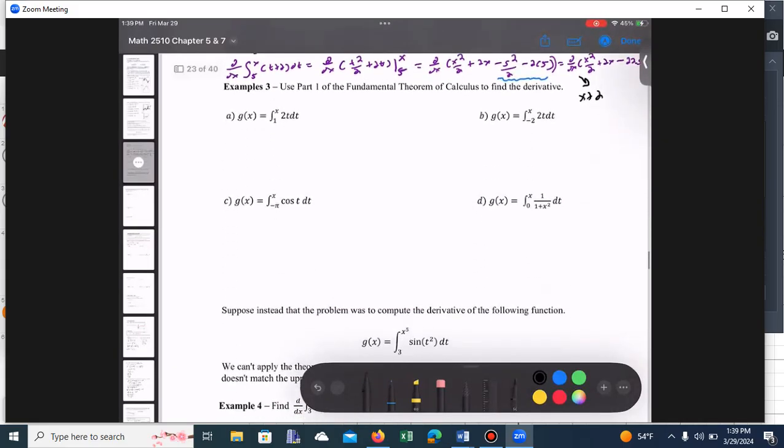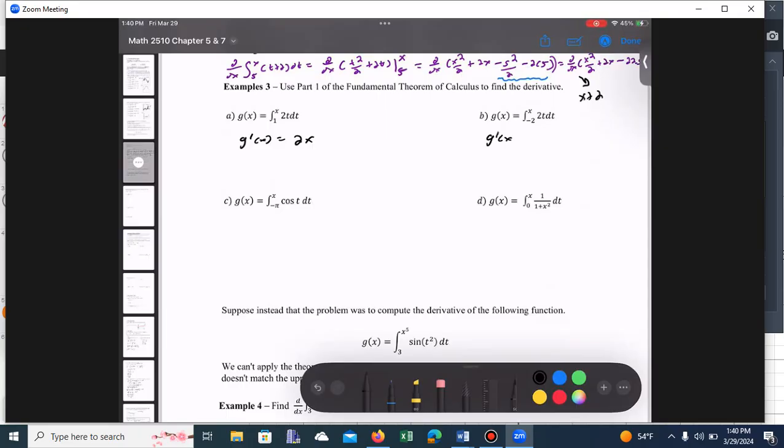All right. Now, if we look at these, g of x equals the integral from 1 to x of 2t dt. So g prime of x is going to equal just 2x. G of x equals the integral from negative 2 to x of 2t dt.